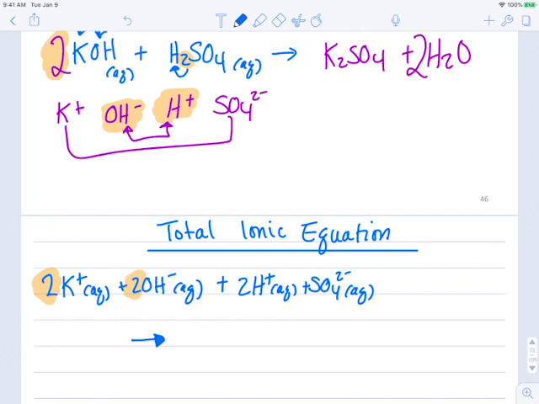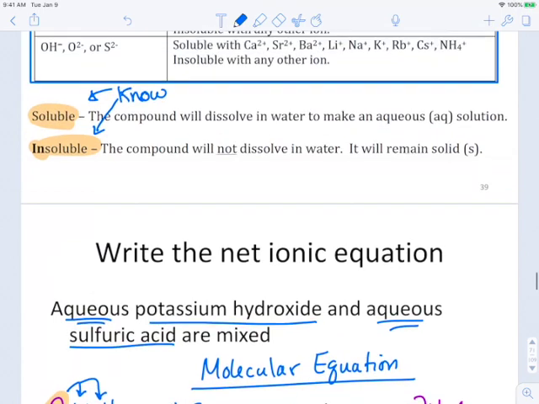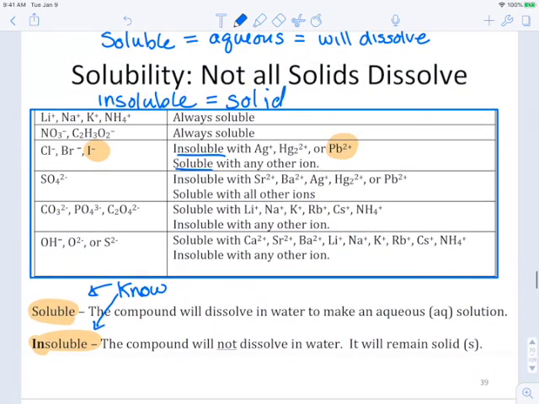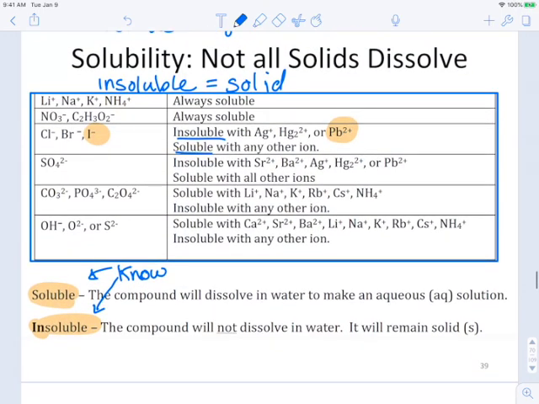So we need to know if it's a solid or not, because if it's a solid, we can't break it up. We can only break it up if it's aqueous. So that means we have to go to our chart. All right, so looking at our chart, what do you guys think? Is this going to be solid or aqueous? Excellent. So I see a lot of aqueouses and solubles.